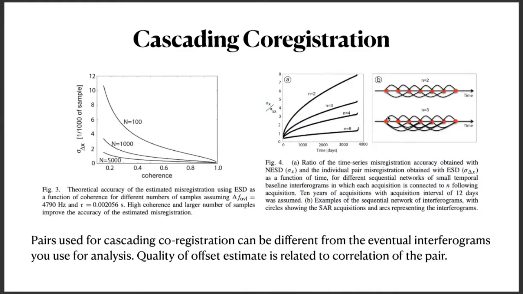How many connections you throw in improves your co-registration quality. I think by default, topsApp sets up 3 connections, but it's a controllable parameter that you can set.